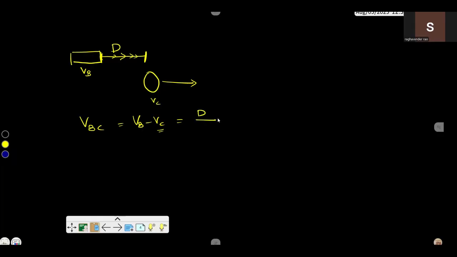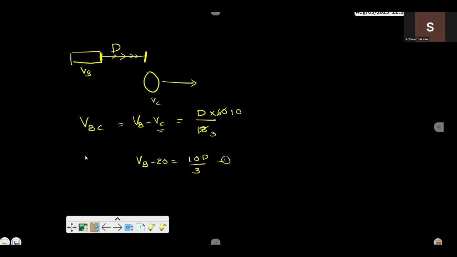So D divided by time, which is 18 by 60. Relative velocity is distance by time, 18 by 60, that is 3 by 10. So velocity of bus minus 20 is equal to 10D by 3. This is what we get as the first equation.